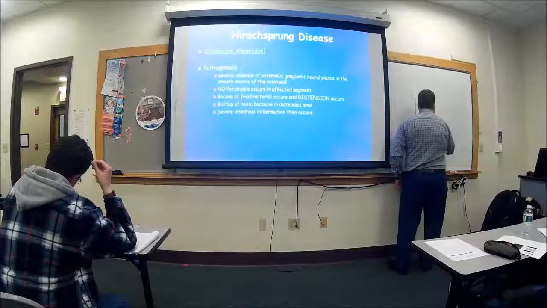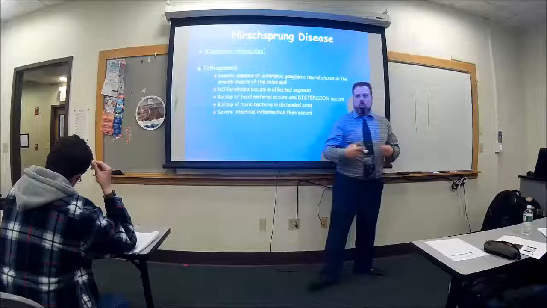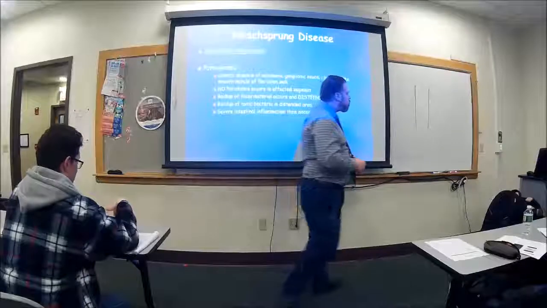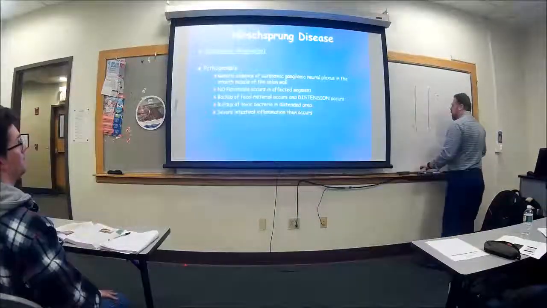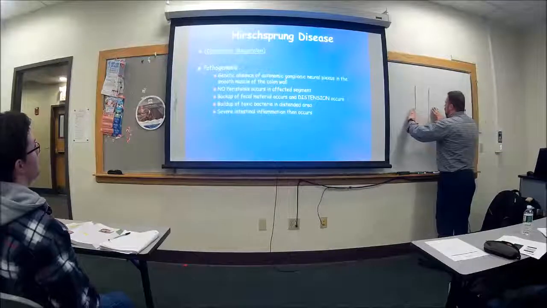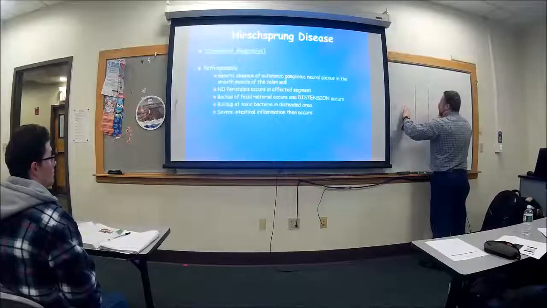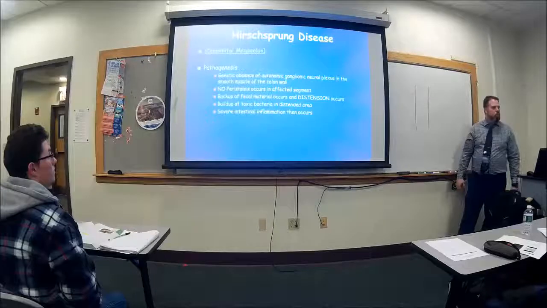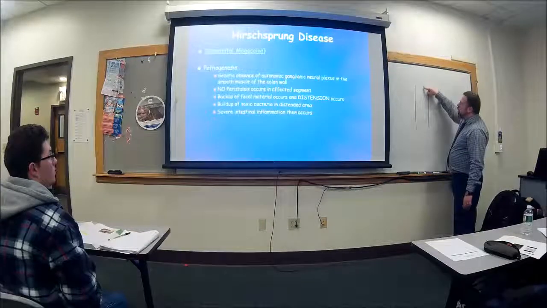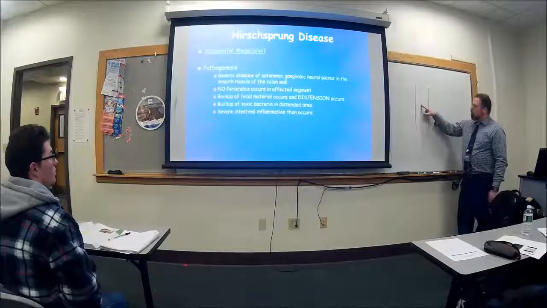The parasympathetic nerves make that bowel move for peristalsis. But for some reason, part of the nerves are not firing to a certain segment. So you've got movement of food here, but nothing here.